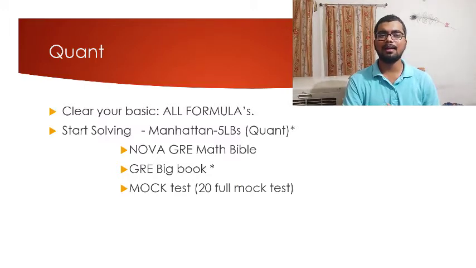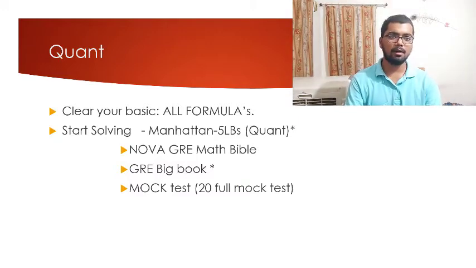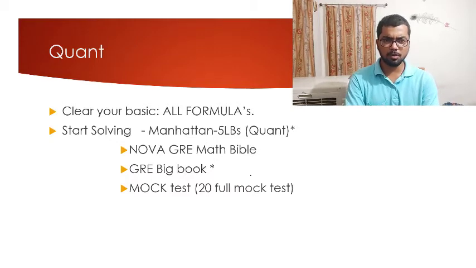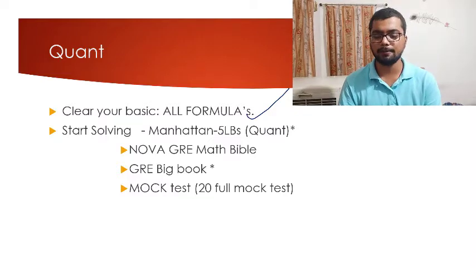Firstly, write all the formulas on a blank paper, and learn the formulas in 1 or 2 days. It is possible, and I am saying this from my own experience. I am also an average student, and you are able to do that.